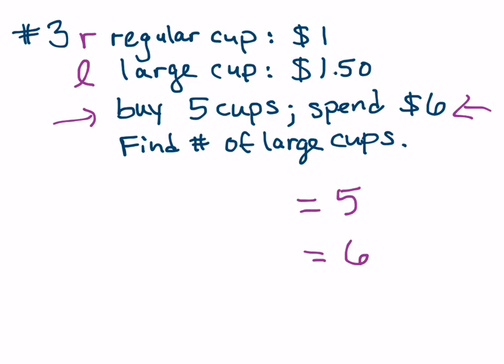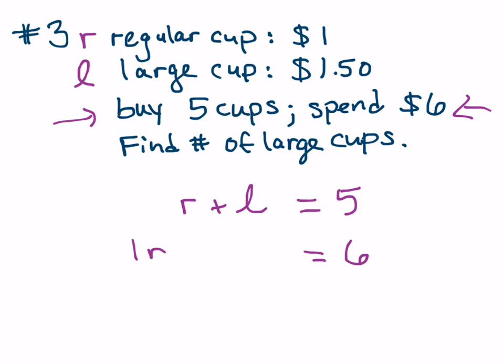All right, so for the quantity, we just have to add the 2 things together. The regular cups that they bought plus the large cups equals 5 cups altogether. So it could be like 3 and 2 or 1 and 4 or something like that. Now the other equation, this is the cost, so we need to multiply here. It's $1 for a regular cup.